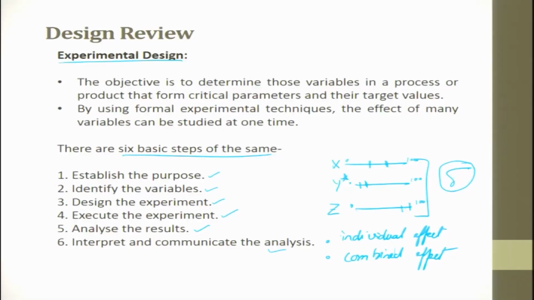If B is alone, he is a good boy. The moment A and B join, they create a ruckus. So, individual effect, combined effect, you are able to find out by analyzing the results. And finally, you interpret the results and you communicate the analysis such that this is taken back to the design team. They review, change and then give the good output.